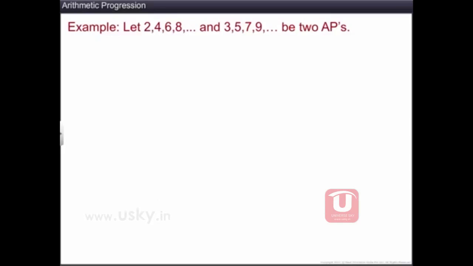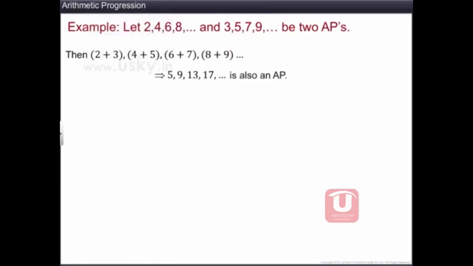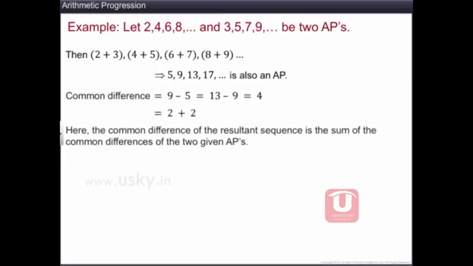On adding the corresponding terms of the two arithmetic progressions, we get the sequence of terms 5, 9, 13, 17 and so on. This is also an arithmetic progression. Observe that the common difference of the resultant sequence is the sum of the common differences of the two given arithmetic progressions.